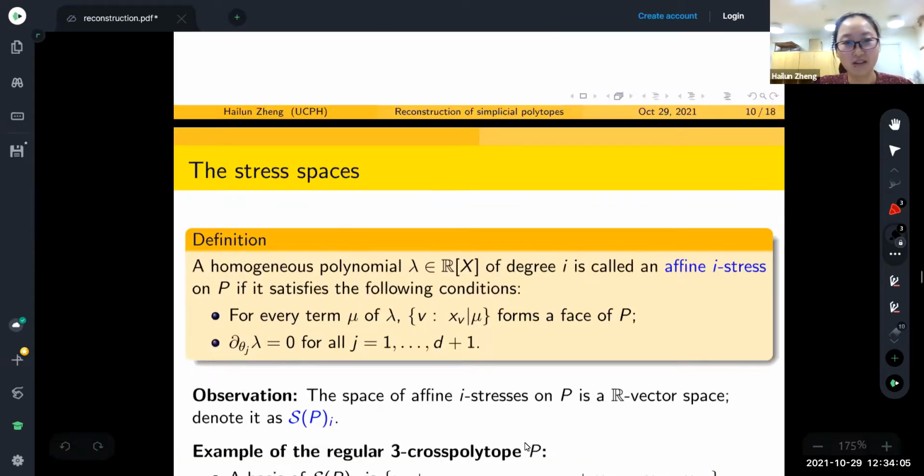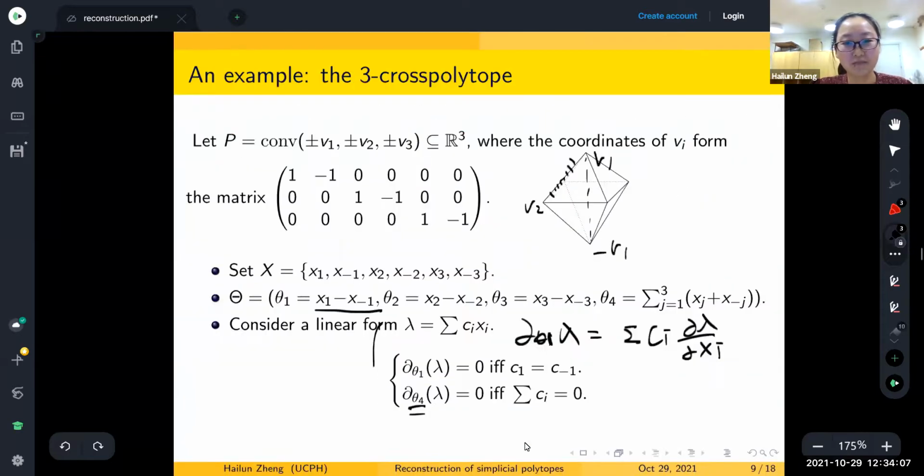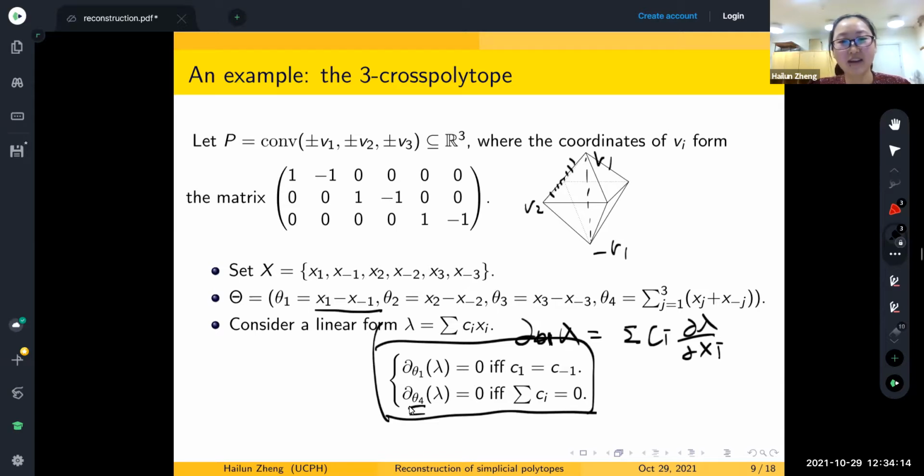So now let's go back to this condition, right? We know that in order for it to be an alpha-1 stress, we have to compare all the coefficients, and C1 equals C minus 1, C2 equals C minus 2, and C3 equals C minus 3, something like that.